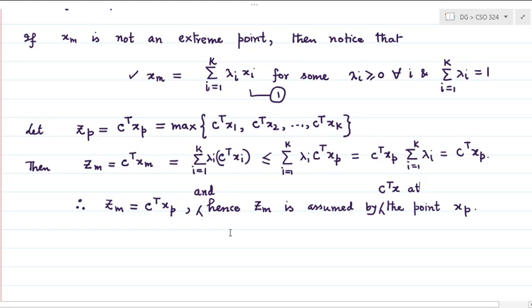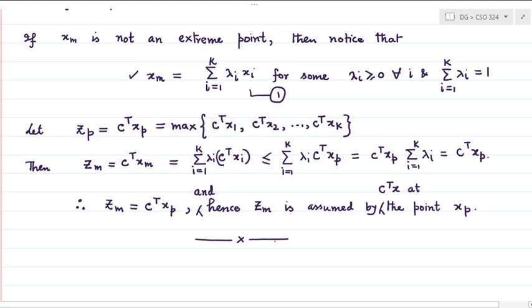Let me stop here. I will proceed with the proof the next day, because this proof is a little lengthy. On the next day I will start my lecture on the result that a basic feasible solution is an extreme point, and then immediately I will prove that an extreme point is a basic feasible solution.